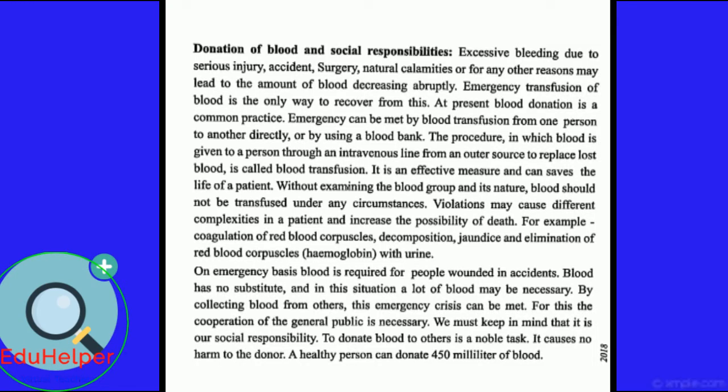Donation of blood and social responsibilities have a great impact in our society, but we should be concerned about blood group matching when we want to transfuse our blood. The ABO system is the best known way of classifying blood types.